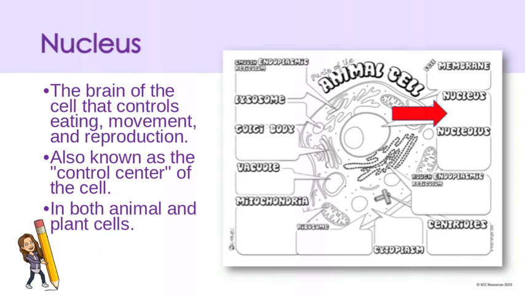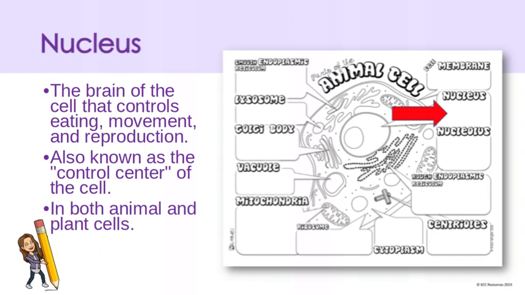And it's going to contain the genetic material. The genetic material, if you remember from last week's Ed puzzle, tells the cell what to do. And that information is all going to be found in our nucleus, at least in eukaryotes. And it's going to then use that information to tell the cell and control its activities.